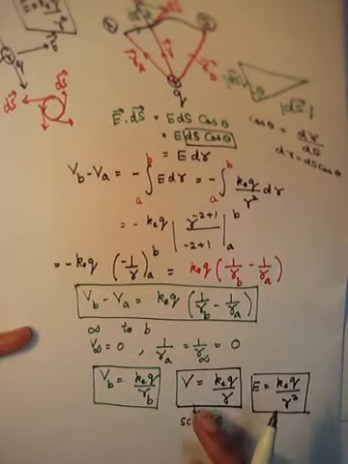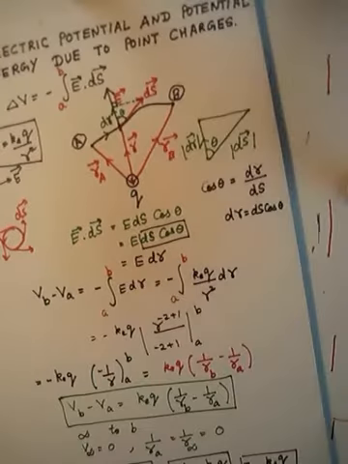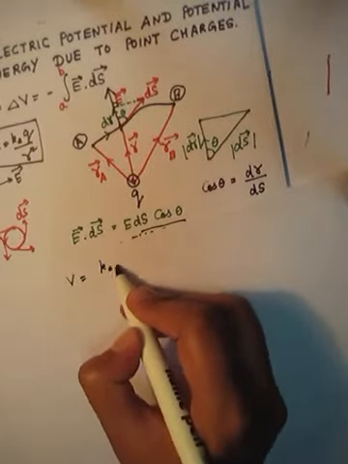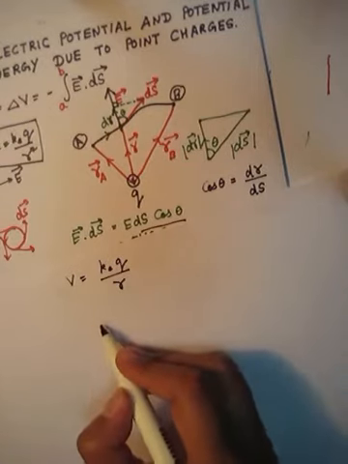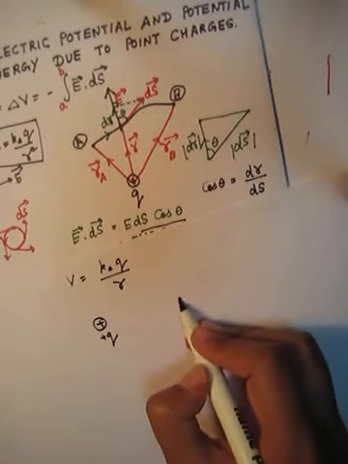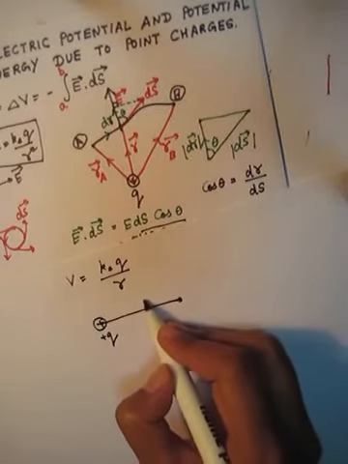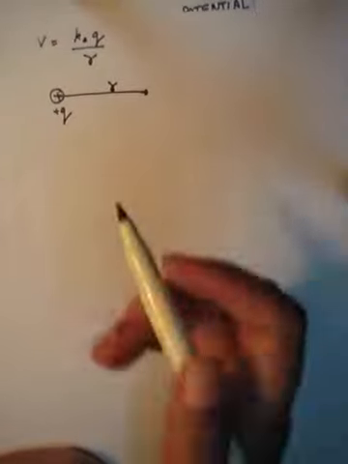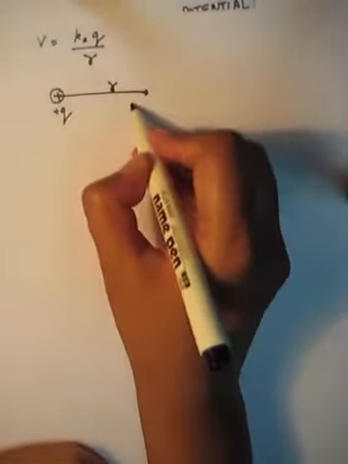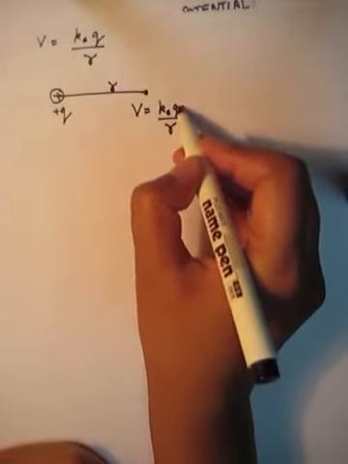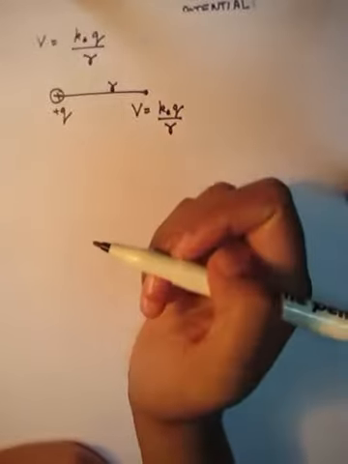Now suppose that you have any charge. So what we get is that if you have any charge, suppose it is plus Q, and at any point R, if you have to find out what is the electric potential, then at this point the potential will be KEQ upon R due to this charge Q, which is here.